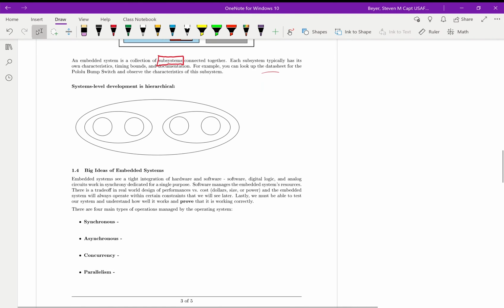I kind of hinted at it, but we will design this in different sub-level design. System level development is called hierarchical development. What that means is you have different levels: low, medium, and high level design. So let's say, for example, our low level is our bump sensor.